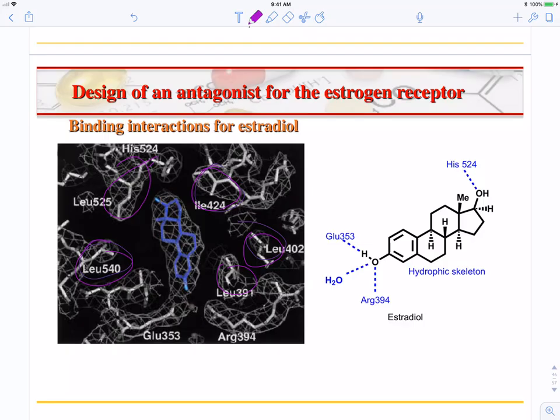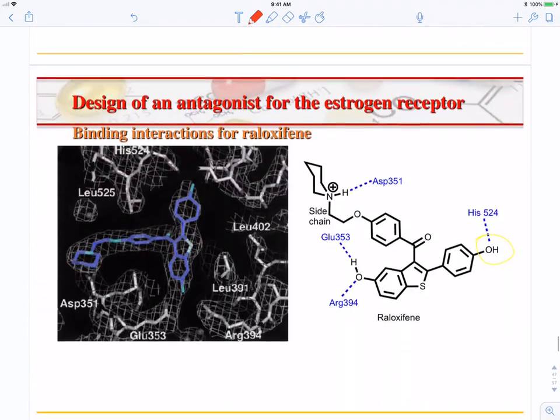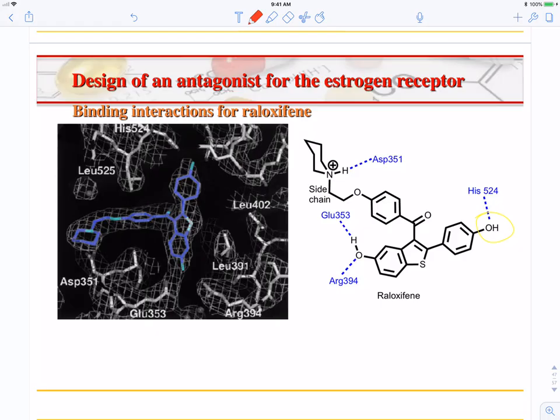Here, let's put it in red, we have histidine, glutamate, and arginine, which make hydrogen bond contacts with the phenol moiety on estradiol and with the alcohol moiety on the other end. And so these hydrogen bonding interactions serve to really orient the molecule in the pocket and keep it in place.